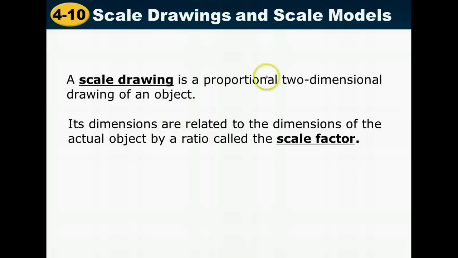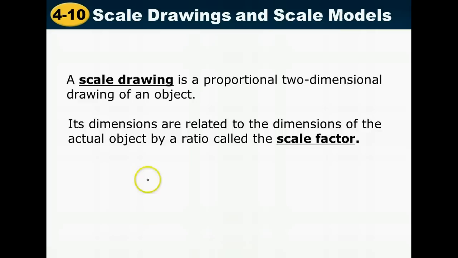Now, a scale drawing is a proportional two-dimensional object. All you have to remember is that a scale drawing is a 2D image. For example, a floor plan would be a 2D.